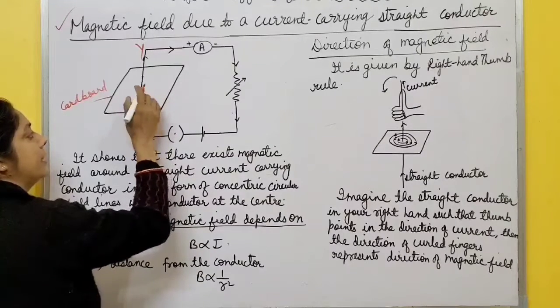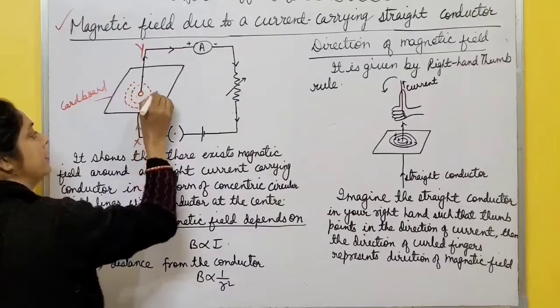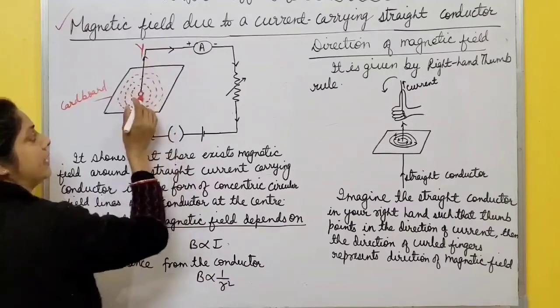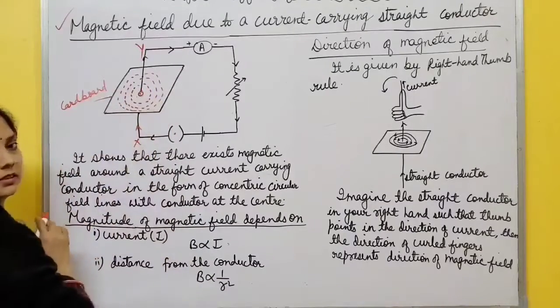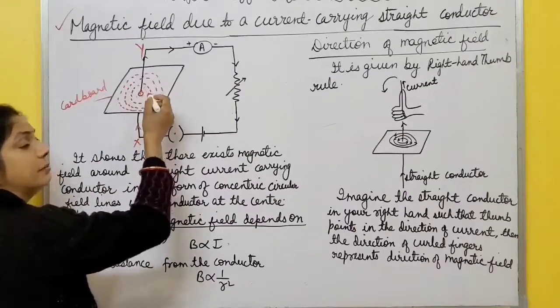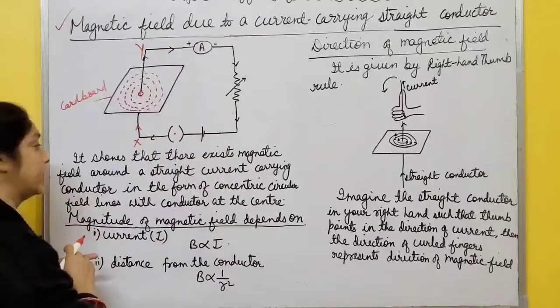Now, what happens when current flows through this straight wire? These iron filings arrange themselves in the form of concentric circles, with this straight wire at the center of these concentric circles. These concentric circles are nothing but magnetic field lines due to this current carrying conductor, right?